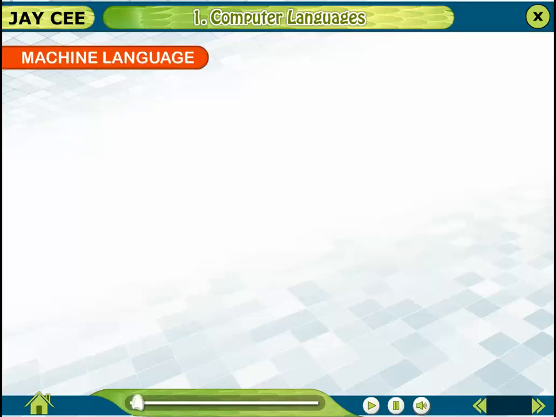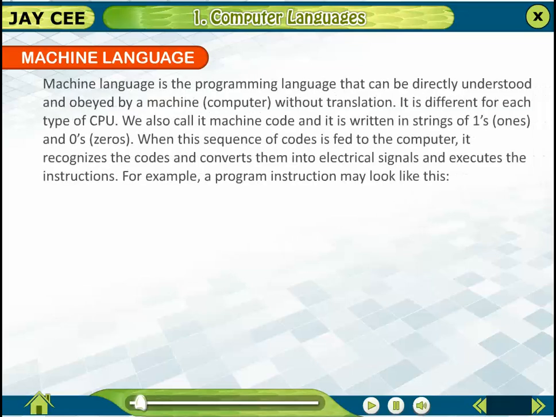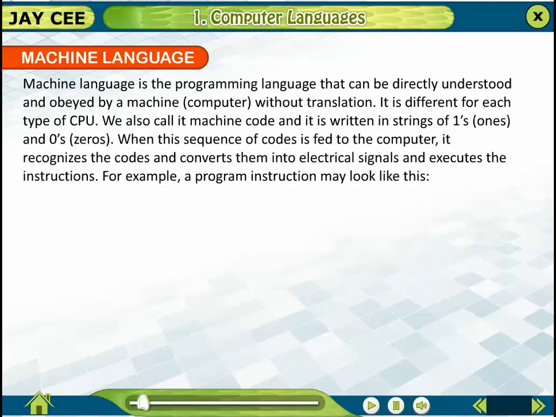Machine language. Machine language is the programming language that can be directly understood and obeyed by a machine computer without translation. It is different for each type of CPU. We also call it machine code, and it is written in strings of ones and zeros.